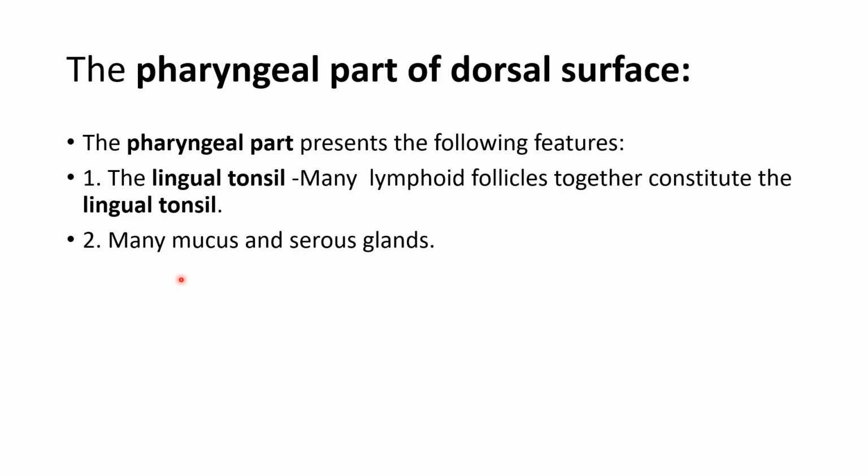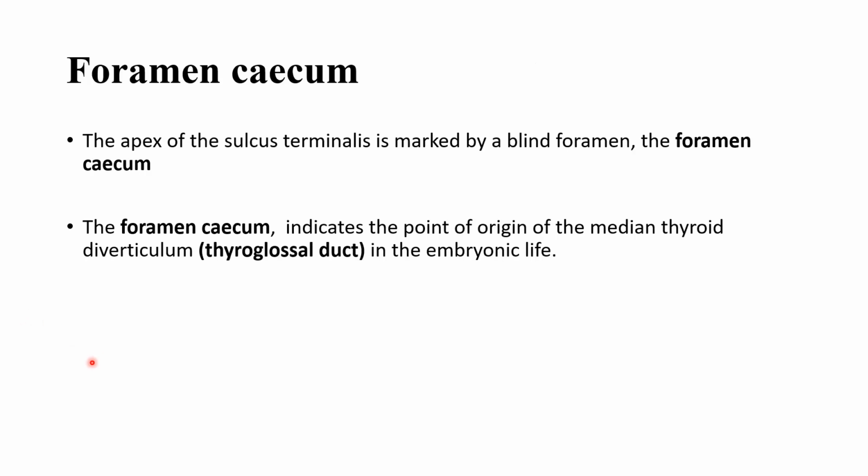So just going through the slides, the pharyngeal part contains the lingual tonsil, the two big midline structures that we saw. Now, what is the foramen cecum and what is the importance of this foramen cecum?